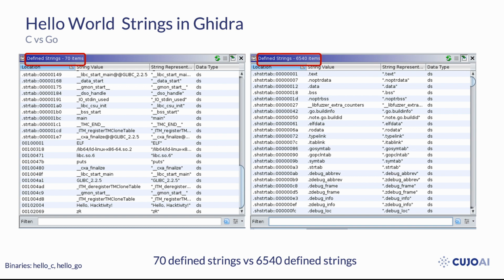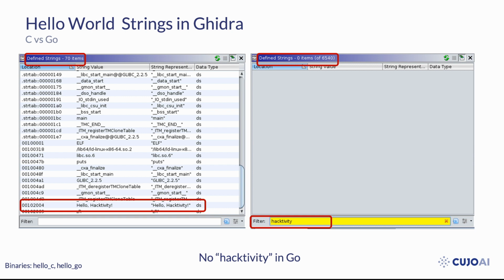On one hand, if we don't really know what we are looking for and we just want to go through all the strings, that can be more difficult with 6,000 strings. But what is even worse, if we look for the activity string, it cannot be found within the defined strings in the Go binary.